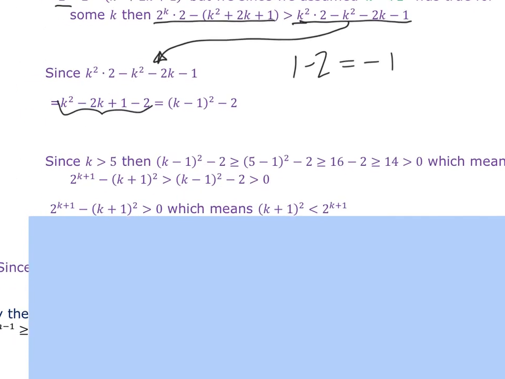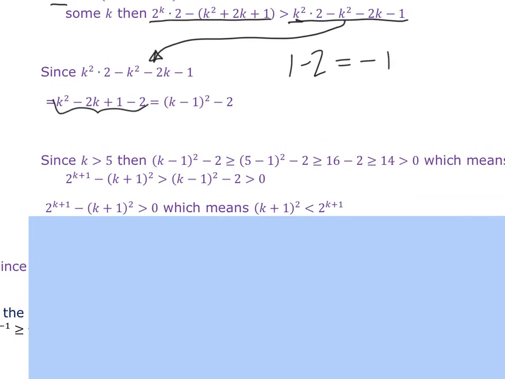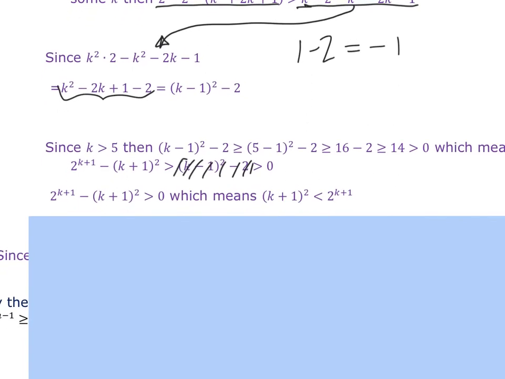And just like before, I can drop out this middle piece right here with my inequality, because my inequality has to hold true. And that means that 2 to the k plus 1 minus k plus 1 squared has to be greater than 0, which means that k plus 1 squared is going to be less than 2 to the k plus 1.